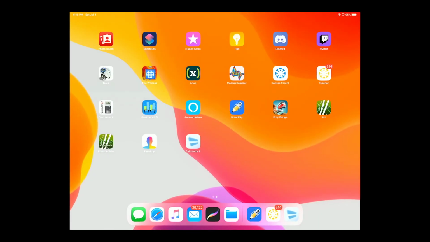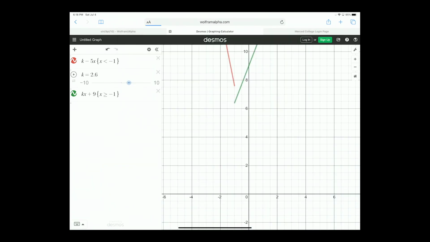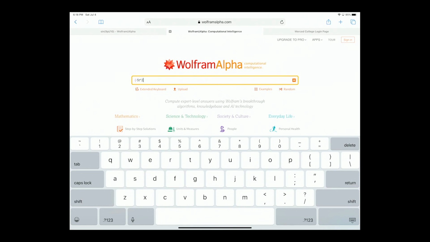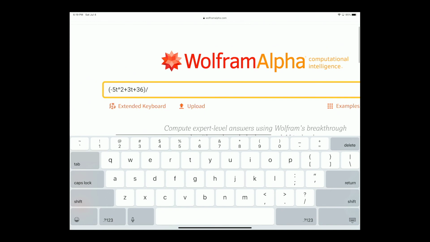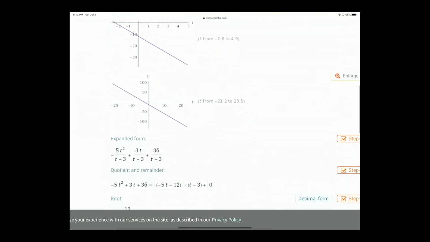you could do is you could go here to wolframalpha.com, and we should just be able to type in negative 5t squared, what was the middle term, plus 3t, plus 36, divided by whatever it was, which was t minus 3, like so, and we should just be able to have the computer do this for us, which it will.